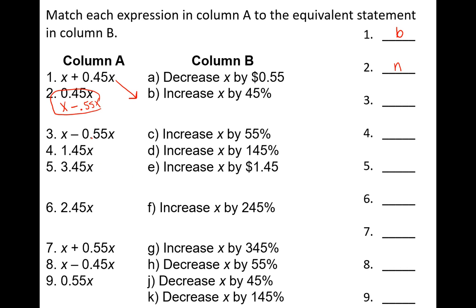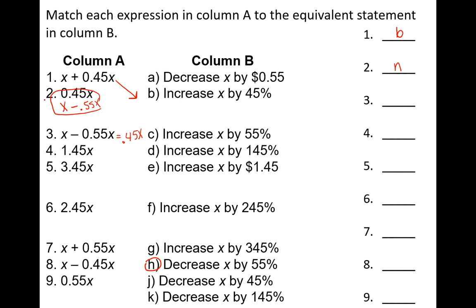X minus 0.55x is going to be 0.45x. So that's 45% of x. Do we see 45% of x? No. That is a decrease, though, of 55%. So do we see a decrease of 55%? Yes.